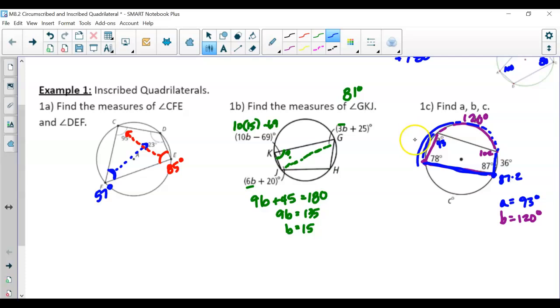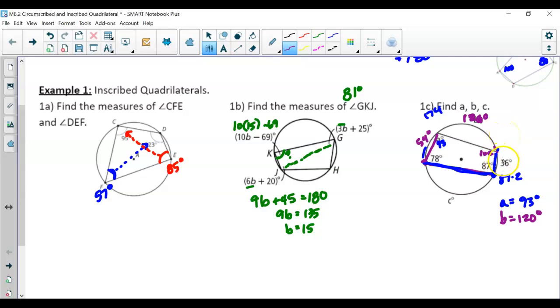So if this whole arc has to add up to 174, but we already have the 120, what do we then do? Subtract. So this arc here, therefore, is 54 degrees. So adding up to 174.